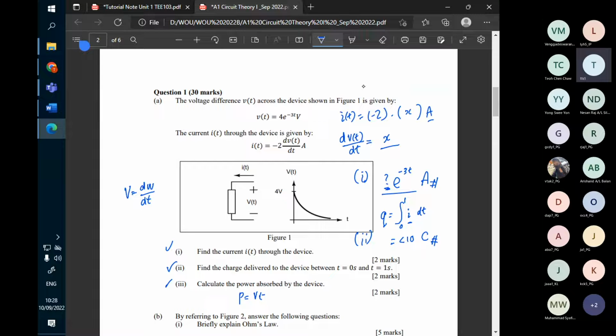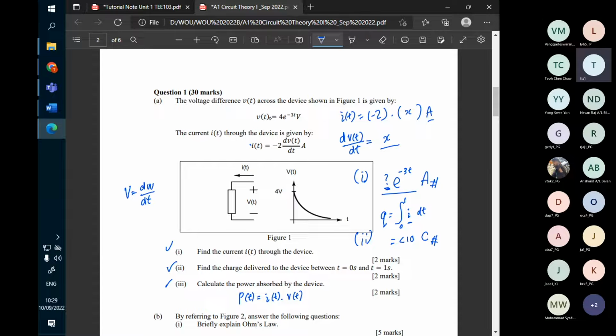The better way to write this, I think, the correct way to write this one is like this: the power as a function of time is equal to the current as a function of time, multiplied by the voltage as a function of time. So of course the voltage is here.